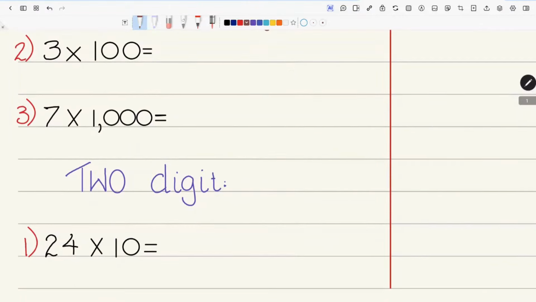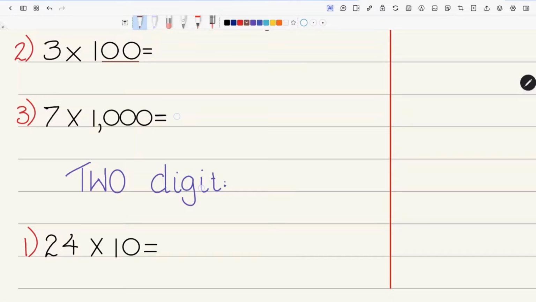Now moving on to the following question. It's 3 times 100. Now how many zeros are there in this question? 2. There are 2 zeros. So when you multiply a number by 10, 100, or 1,000, you have to look at how many zeros there are, and that is the amount of zeros you add to the number.